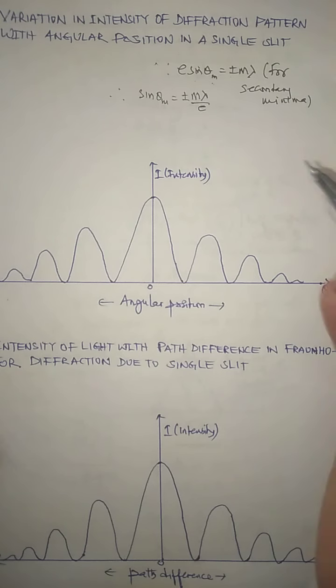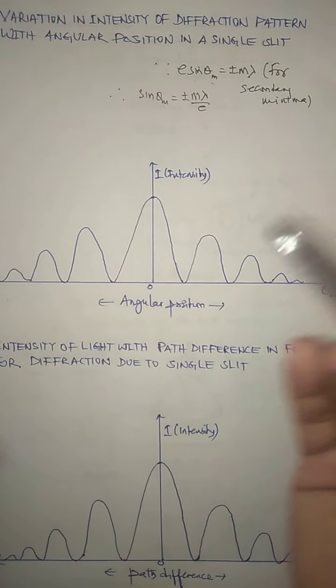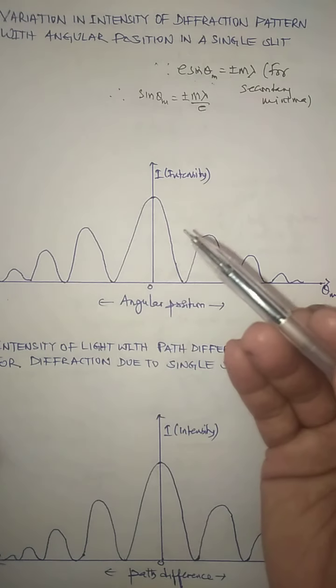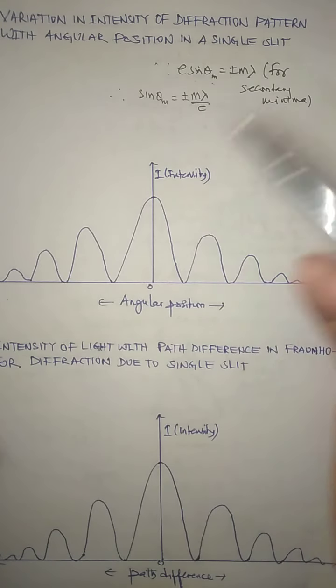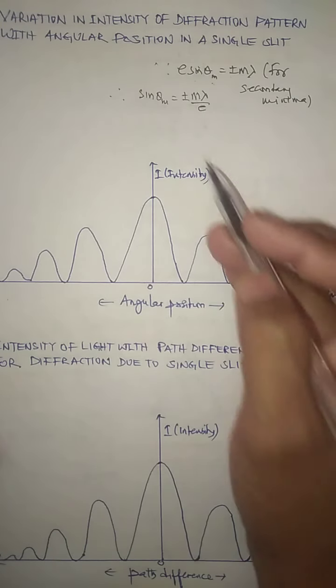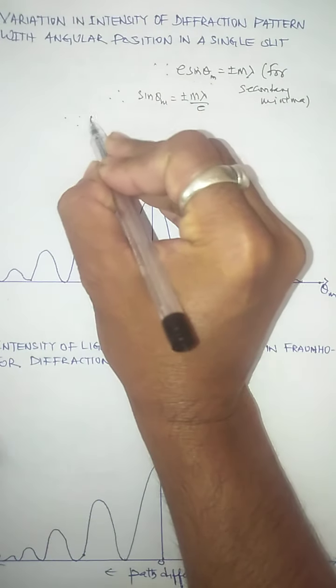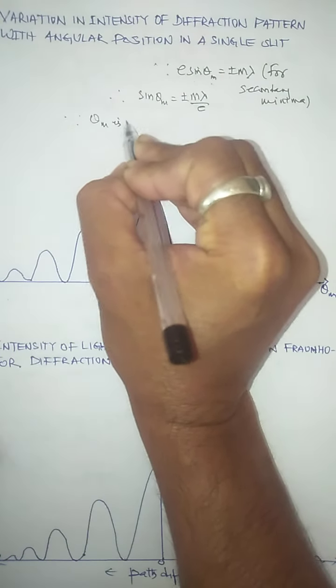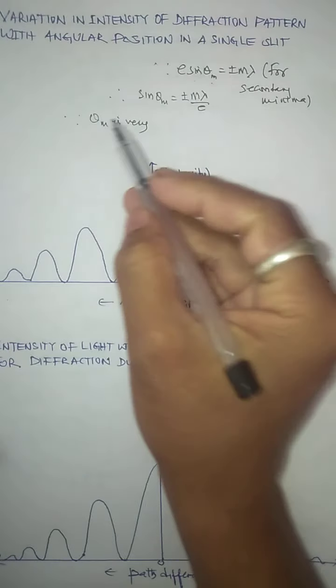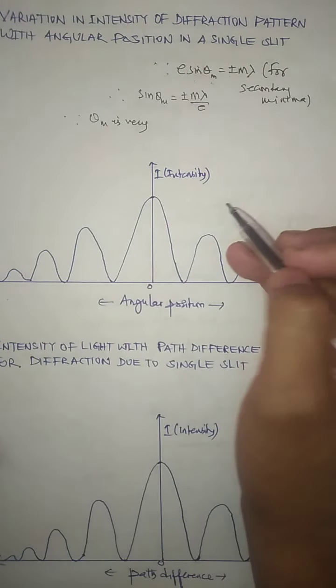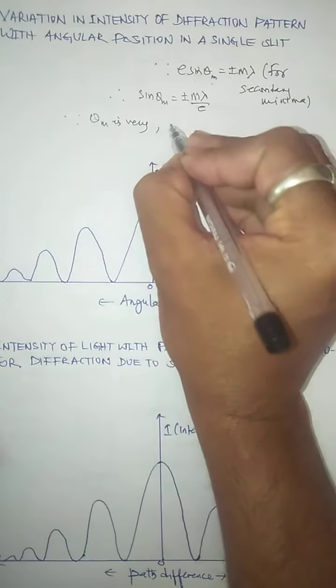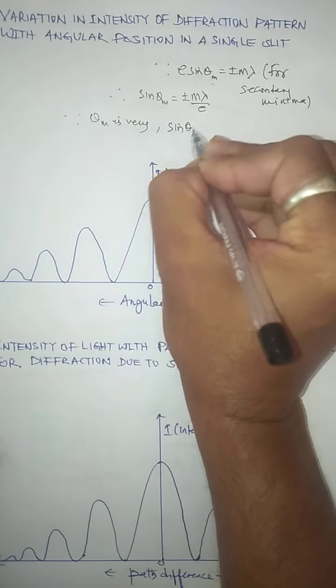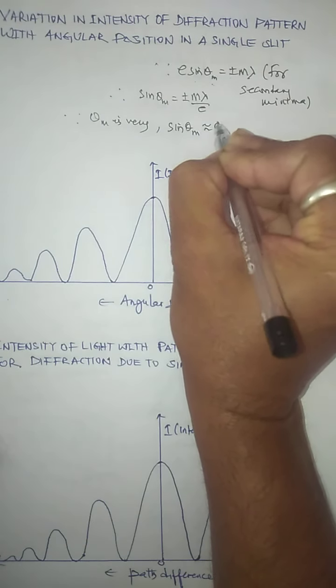But in the diffraction pattern observed on the screen due to a single slit, the secondary minima make very small angles. Experimentally these angles theta m are very small. So if theta m is very small, we can write sin theta m is nearly equal to theta m.